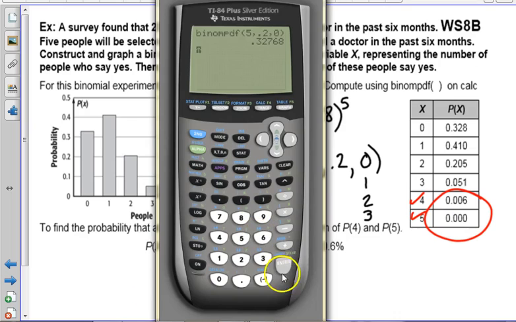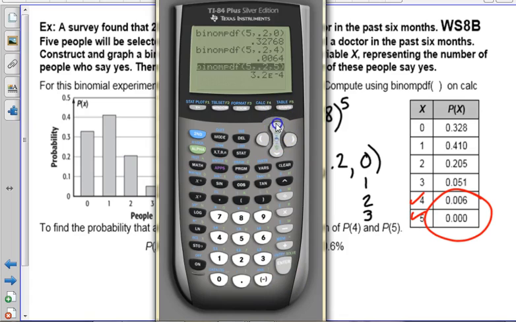Let me see if I can do this really fast. Let's just do it separate. Okay, 4 and 5.